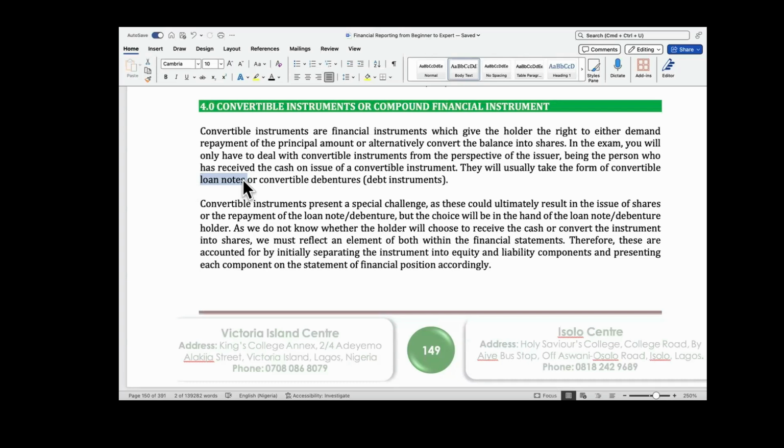We don't know whether they would convert to shares or not. So because of that, when we are accounting for these convertible debts, we usually account for it as both liability and equity. You know that if we were sure that they will convert to shares, right from day one, we would have treated it as equity.